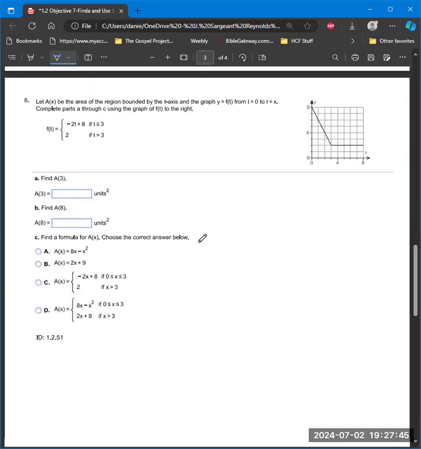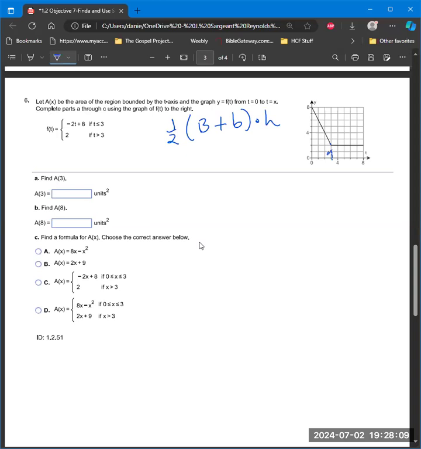Now we have 2 pieces here for number 6. We want to find A of 3, which is this trapezoid piece right here. Remember, the area of a trapezoid is 1/2 of big B plus little b times h, where the bases are the parallel sides.